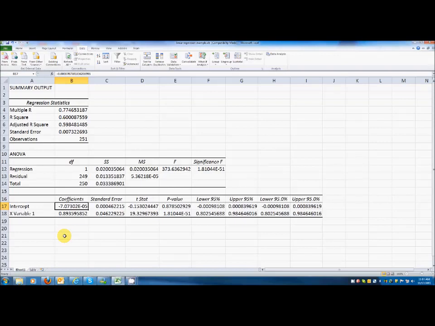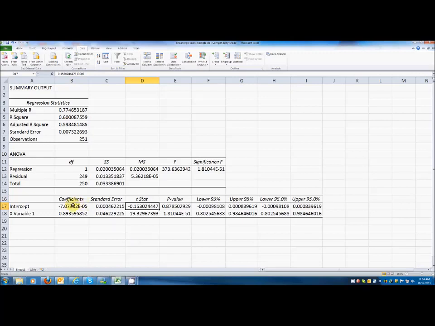So all we do is move the decimal point over by the number of the exponent. And so we wind up with minus 0.00007 and some change. In other words, really close to 0. That's exactly what we wanted. And we can see over here the t-stat; hopefully you remember from statistics, a t-stat that low is not significant. This thing's not significantly different from 0.